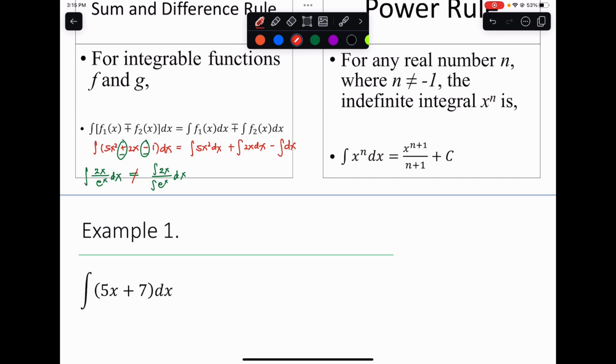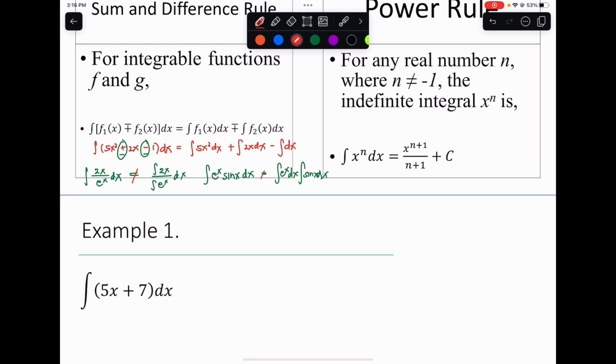In cases like this, there are different techniques on what to do before you find the integral. We cannot distribute the integral sign if the operation is division. Similarly, we cannot do this: the integral of e raised to x times sine x dx is not the same as the integral of e^x dx multiplied by the integral of sine x dx.